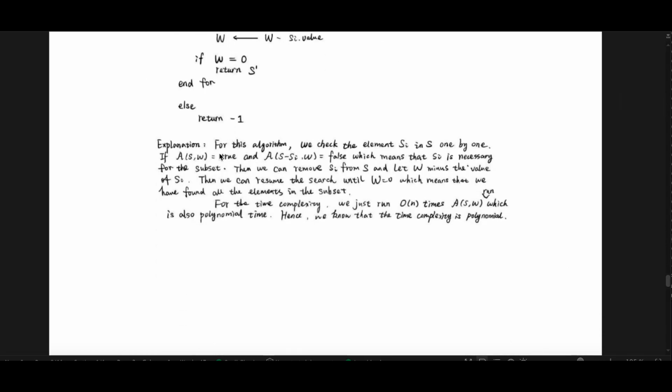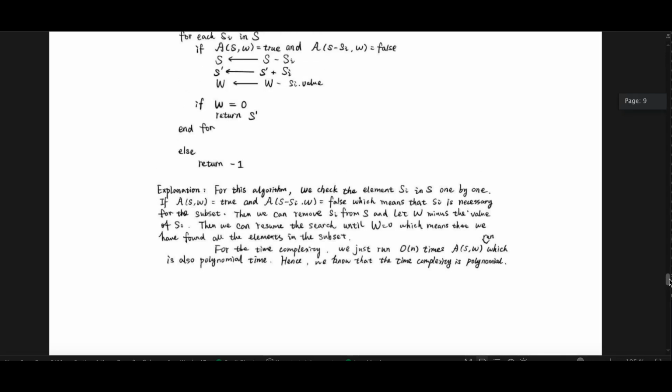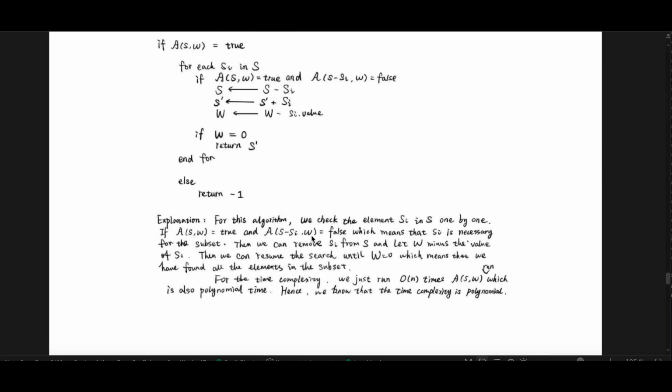So here is an explanation. For this algorithm, we check the element Si in S one by one. If ASW(S, W) equals true, and ASW(S minus Si, W) equals false, which means that Si is necessary for the subset, then we can remove Si from S, and let W minus the value of Si.